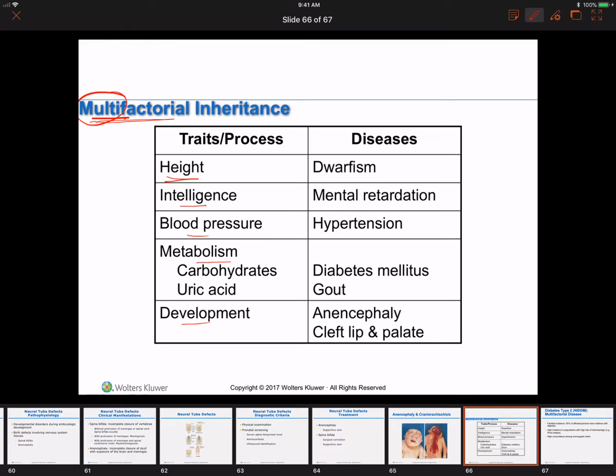There are so many factors that affect our height. Some people are born too short, some people are born too tall. Yes, there could be hormonal influence, a genetic component, but at the same time, different factors could play a role. And the same can be said about all the remaining factors that you see listed in the table.